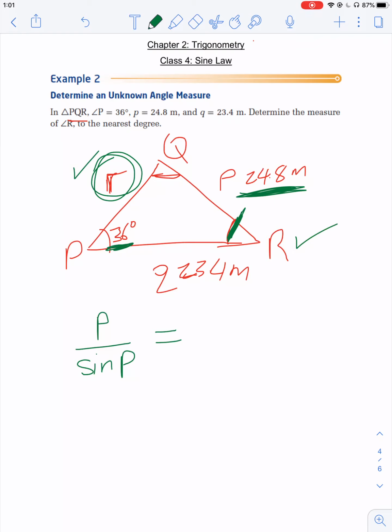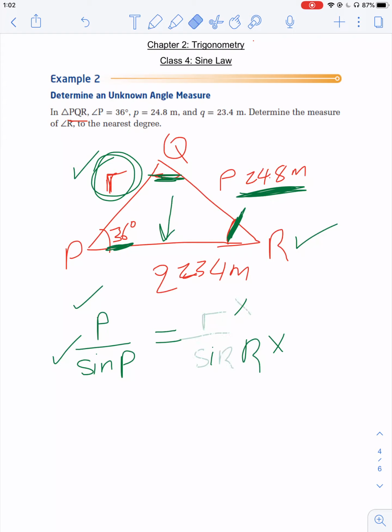So I cannot find angle R just yet. I'm going to have to find angle Q first. Why Q? Because I know the side length of Q. If I put R over sine of R, then I will have two unknowns. I don't know what R is, I don't know what sine of R is. It's not going to work. I do know what this is, so this is a good starting point. So I can't really do that. You're going to have to do this in two steps.